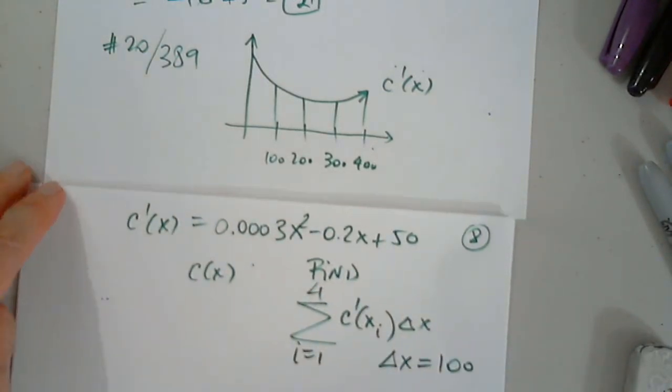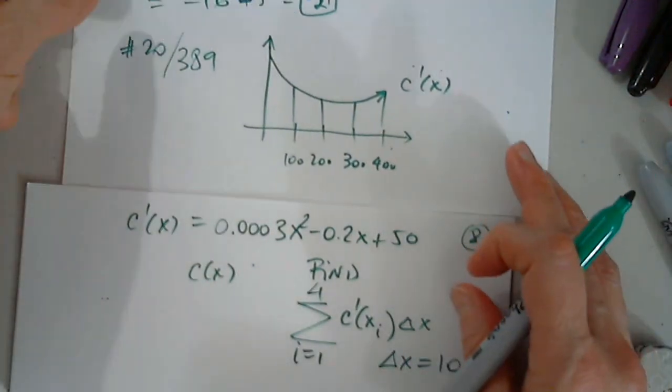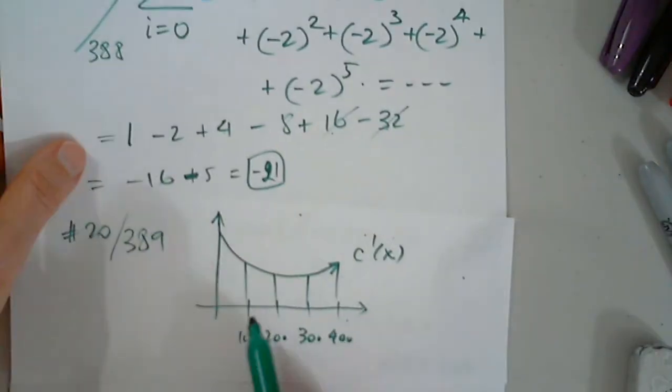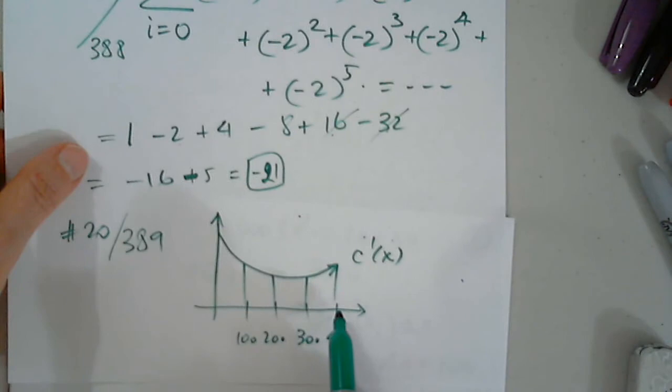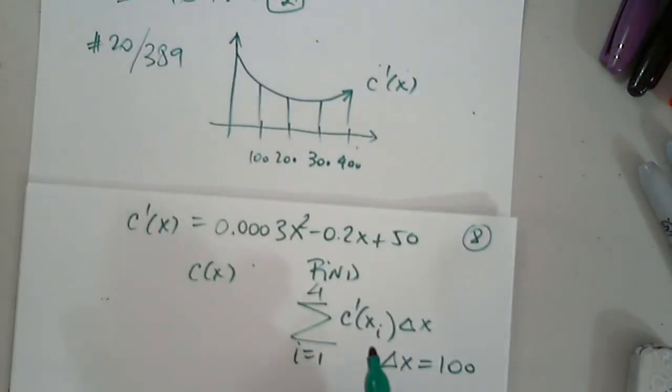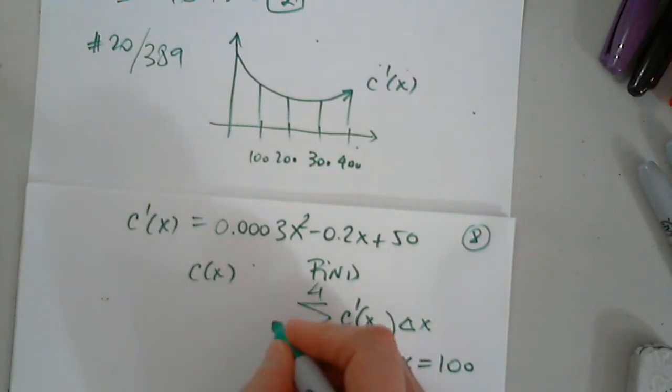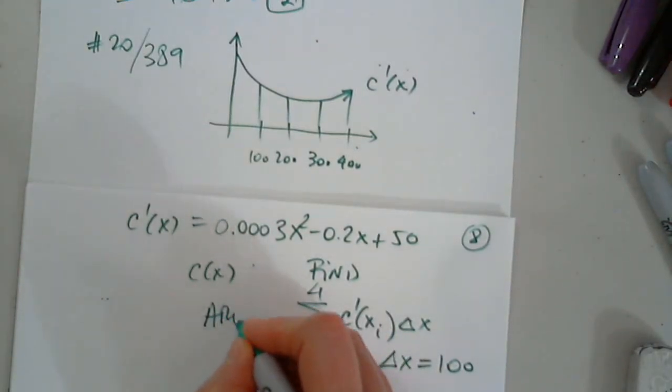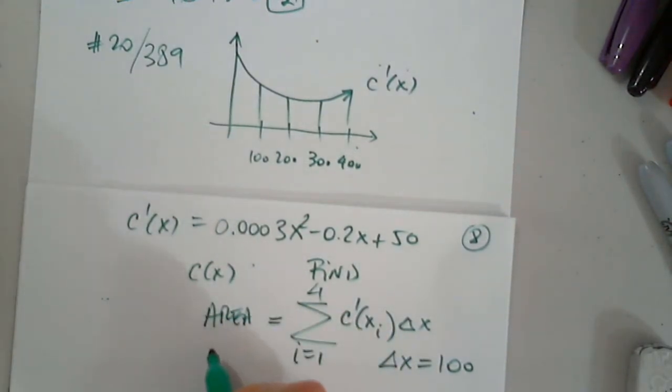Okay. So obviously they're already giving us the picture. We're asked to determine the sum. Well, this is nothing else but the area. It's not exact. It's an approximation. Why? What is missing here for the exact?